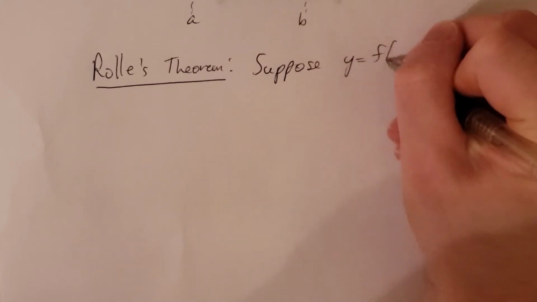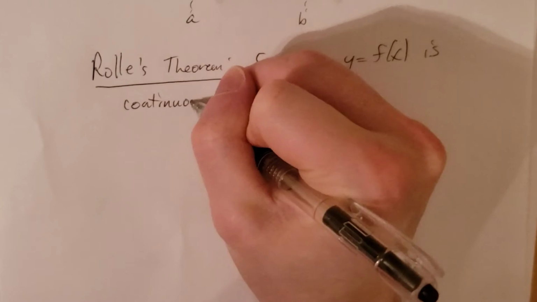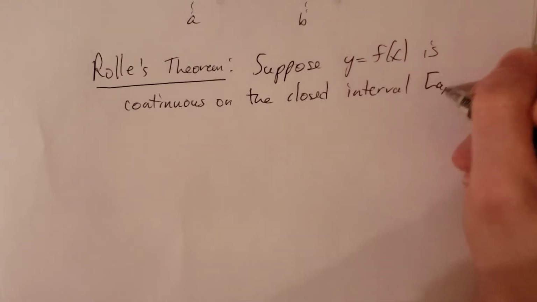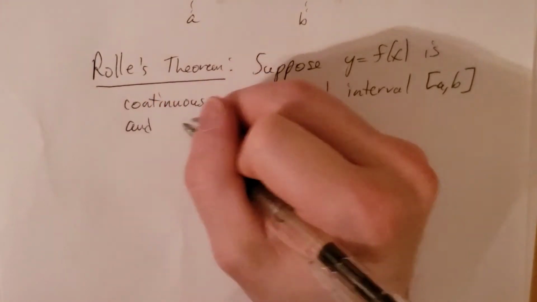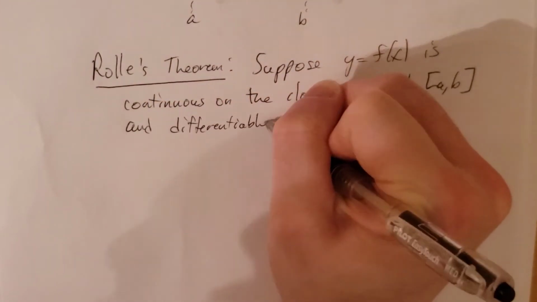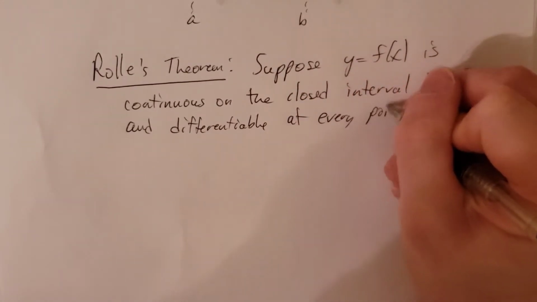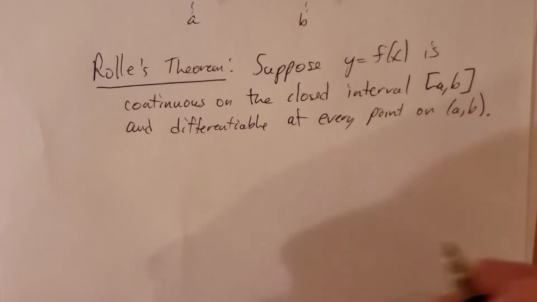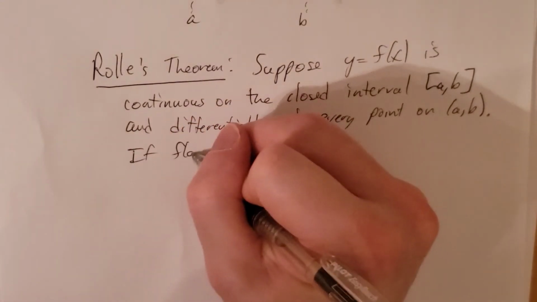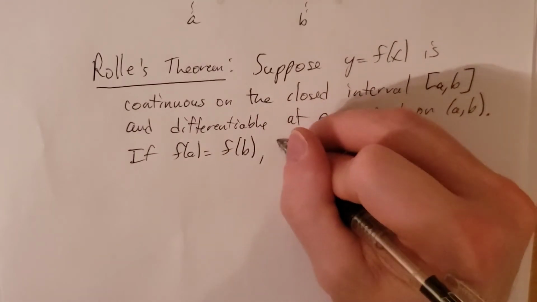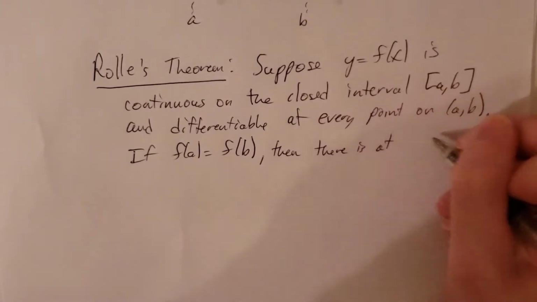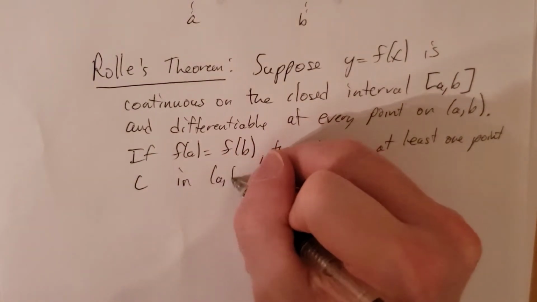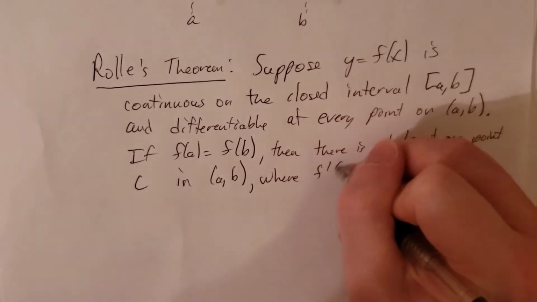Suppose y equal to f of x is continuous on the closed interval a to b, and differentiable at every point in the interior of this closed interval, then if f of a is equal to f of b, then there is at least one point c in the open interval a to b where f prime of c is equal to 0.